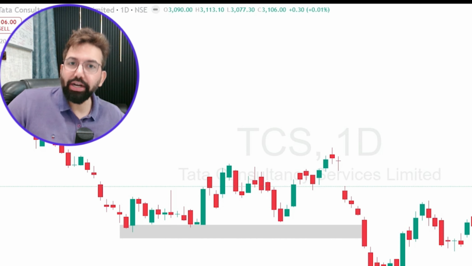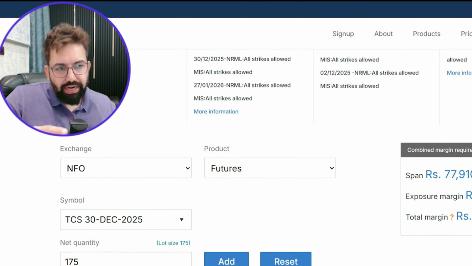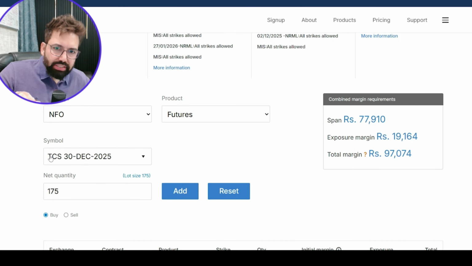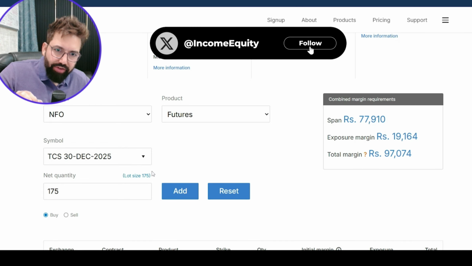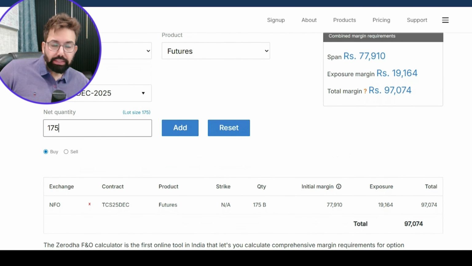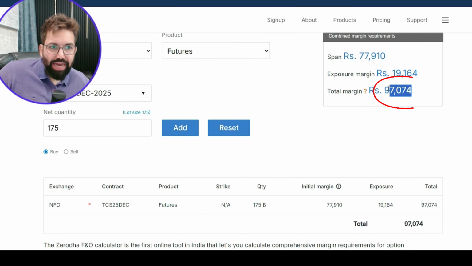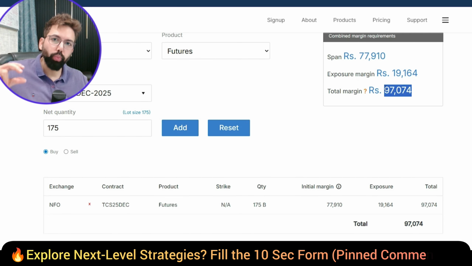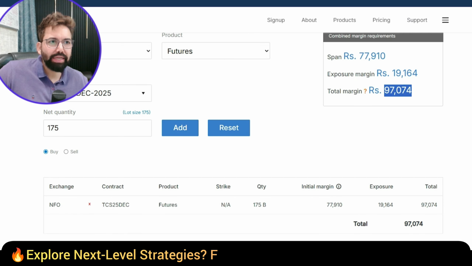If I show you the margin benefit, here I have come to the Zerodha margin calculator. If we simply long this stock, the lot size is 175, like I said, but the total margin requirement to long this particular stock is approximately 97,000. That is to long 175 quantity, which is one packet, also called one lot. So approximately a lakh.